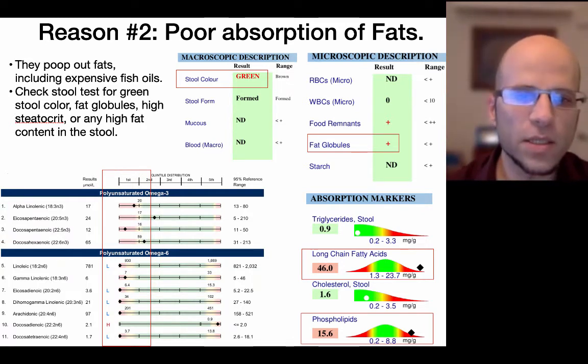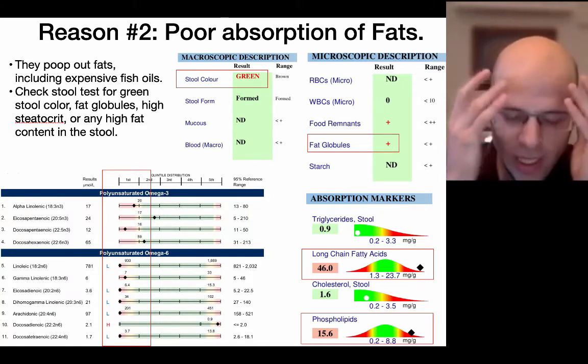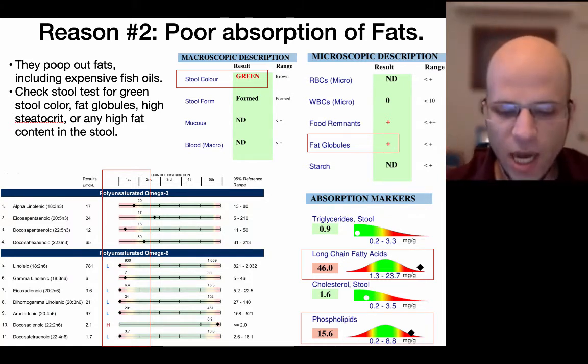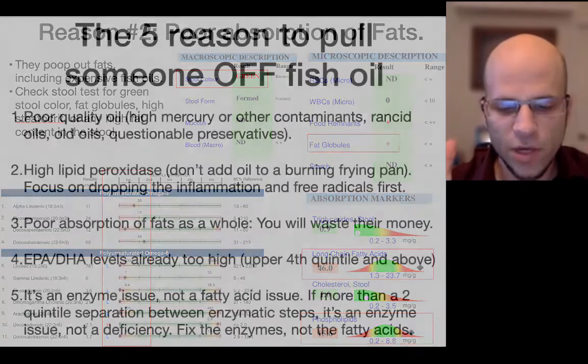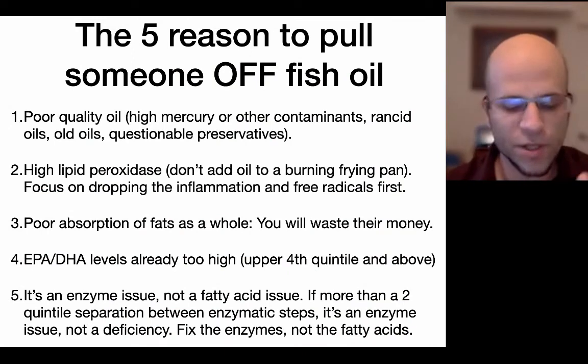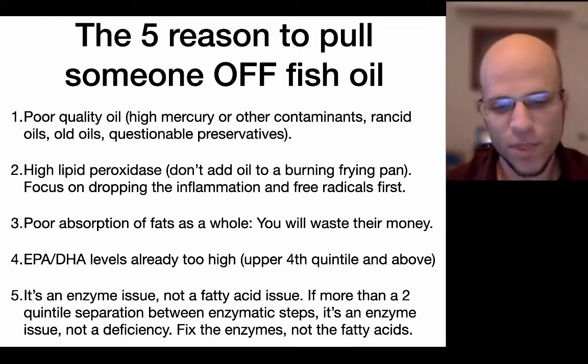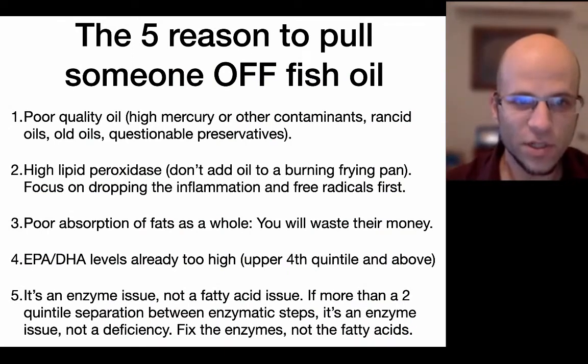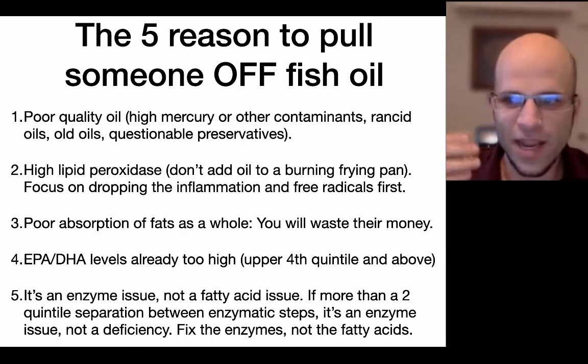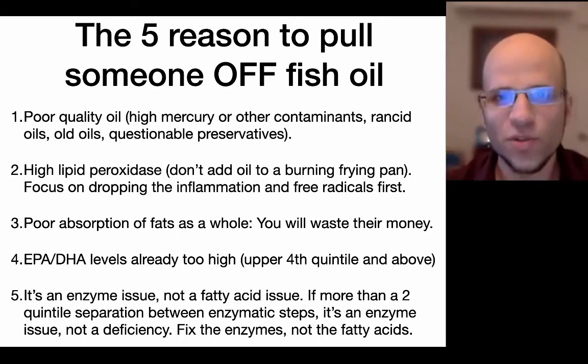And the reality is, with this big picture overview, it's a lot of detail, but it's not terribly complicated. They either have an enzyme block, they're deficient in something, they're over-supplementing, their digestion is off, or they have crappy supplements.